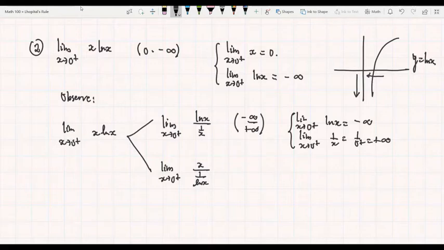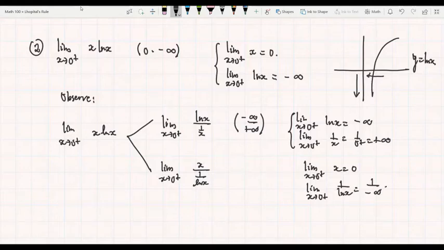And then for the second one, we have the limit as x goes to 0 plus of x, which is 0. And then for the denominator, we have the limit as x goes to 0 plus of 1 over ln x. So we have 1 over negative infinity, or 0. So from these two calculations, the second conversion leads us to 0 over 0.